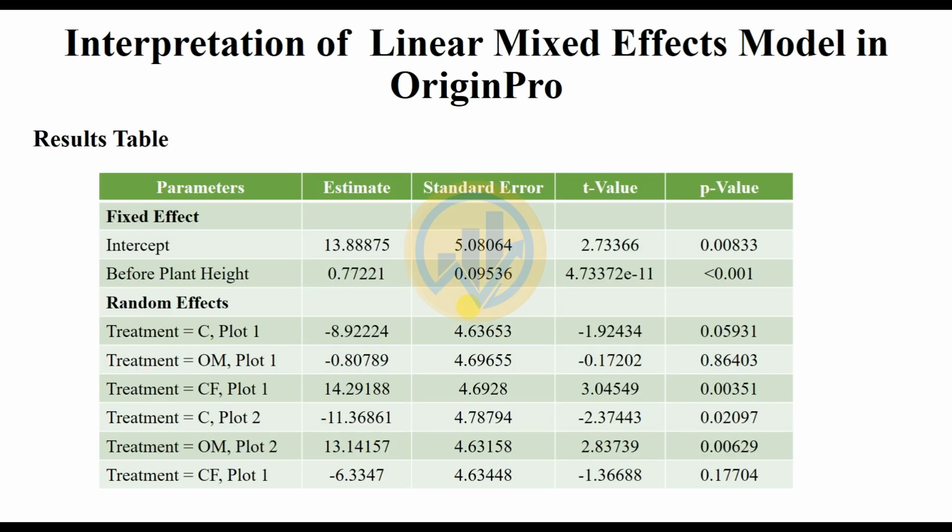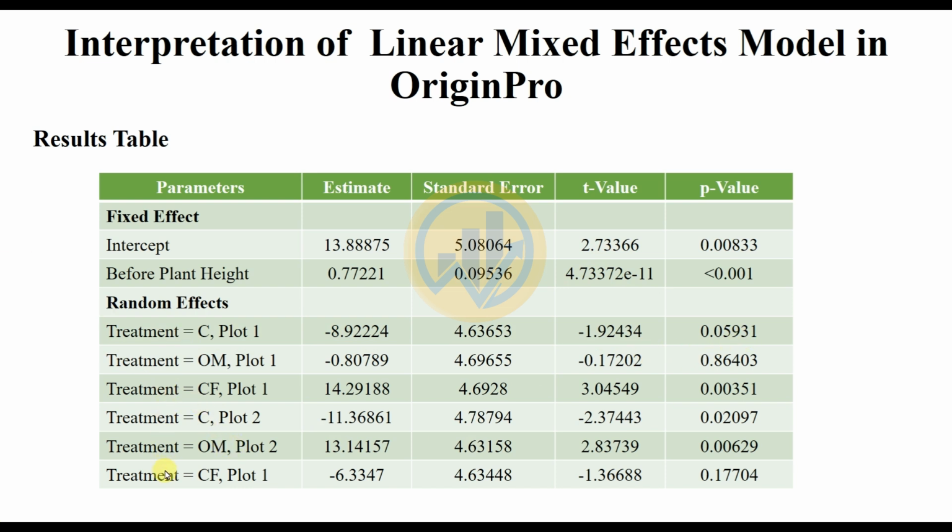So the table of the interpretation of the linear mixed effect model presents the parameters for the fixed effect and the random effect. The table presents the treatment control and plot 1, the estimated value, standard error value, t value and the significance value.